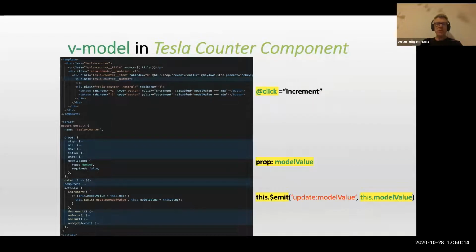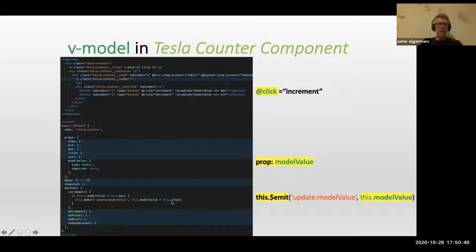In the Tesla counter component, in the properties section, I can receive the model value of type number, because we are talking about speed, so it is a number. In the method section, I defined an increment method to increment the speed value I got in. And when I get a new value, I emit the special event I talked about, the update model value event.